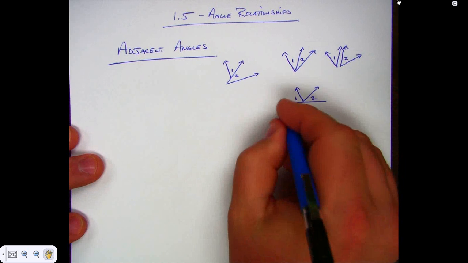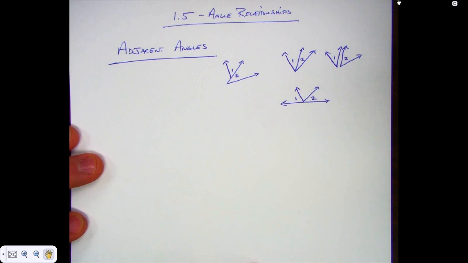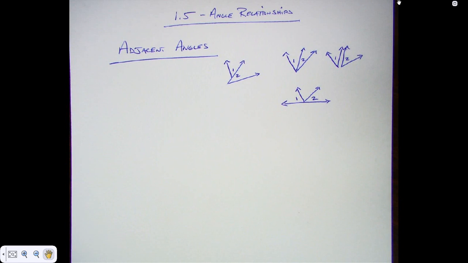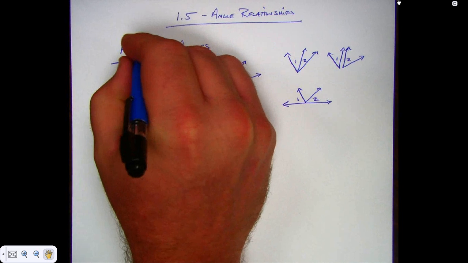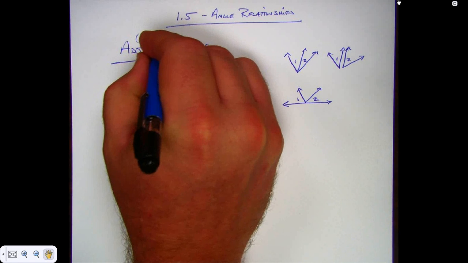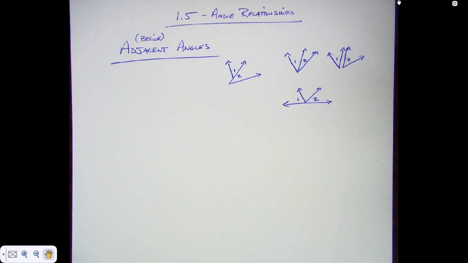Only one of those four are adjacent angles. Does anybody know which one? You know what adjacent means? Right next to each other. Yeah, or beside. Okay? Just gonna have to deal with that, guys.